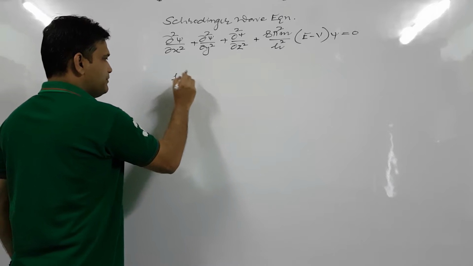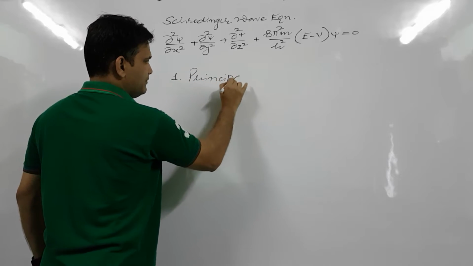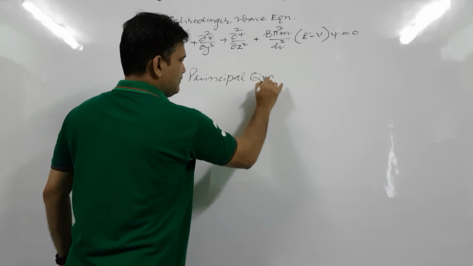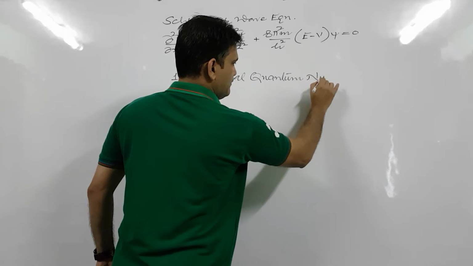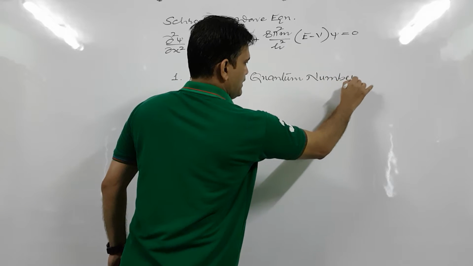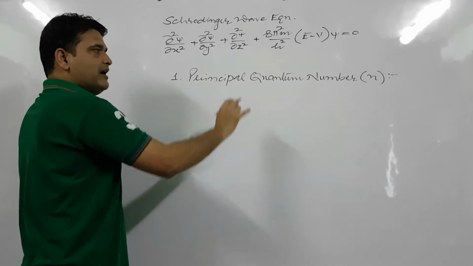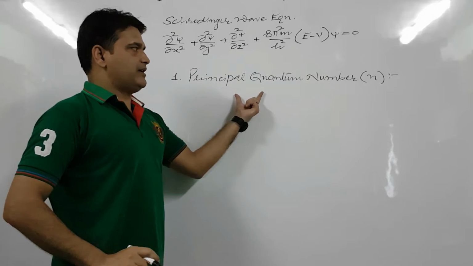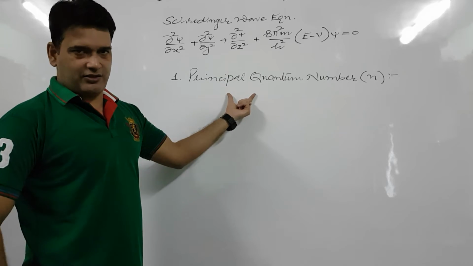Number 1 is principal quantum number. It is represented by small n, and principal quantum number tells us about the shell of the given electron.